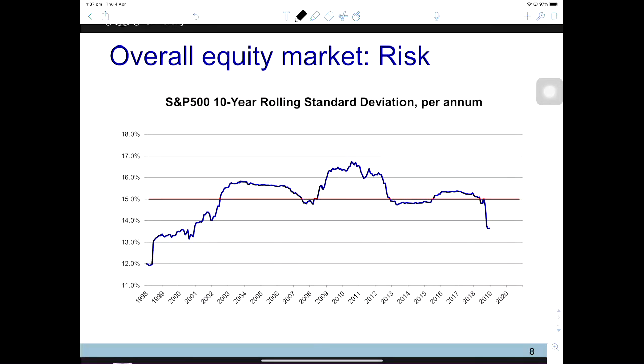The overall equity market risk. I did a 10-year rolling standard deviation of the US equity market. You did that exercise with the Australian equity market in the tutorial. So here I'm going to present the risk profile of the US equity market.